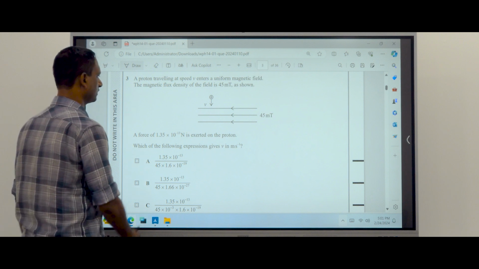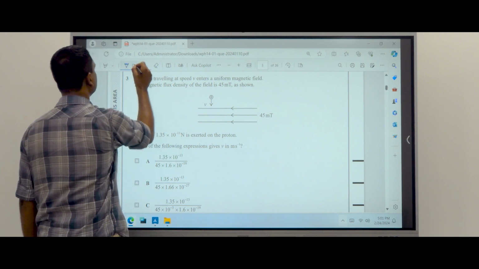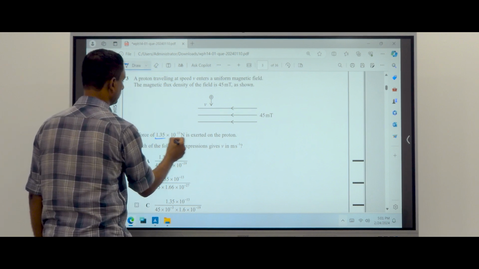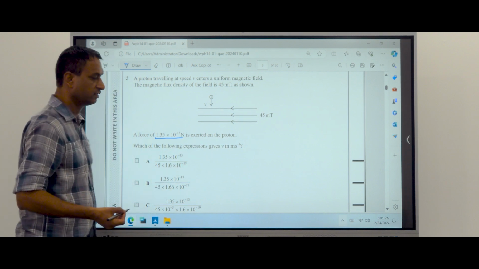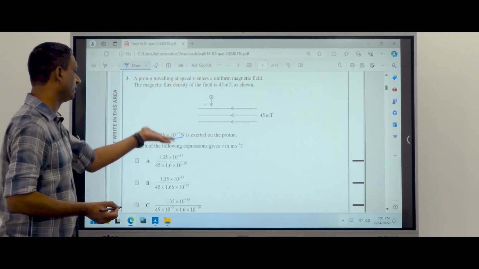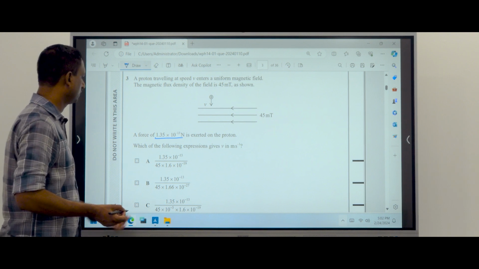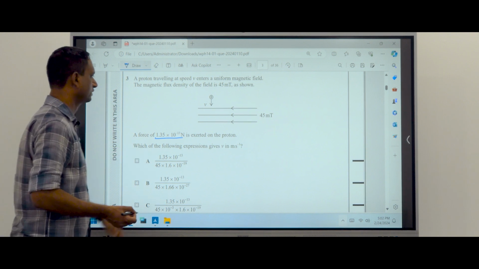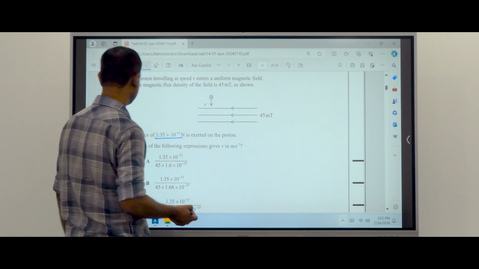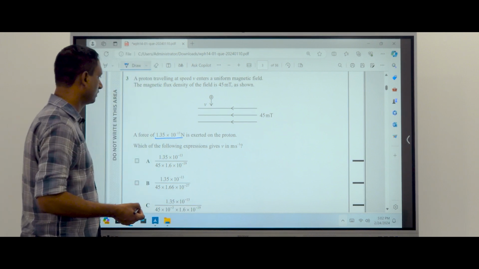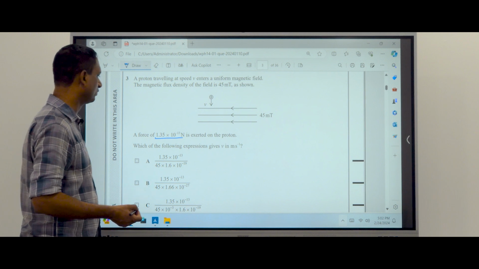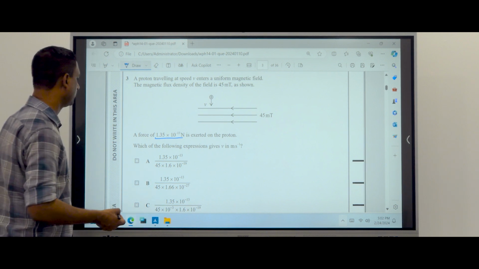The force exerted due to the magnetic field should be given, but actually it is not given in the question. Force exerted on the proton is 1.35 times 10 to the power of minus 13.